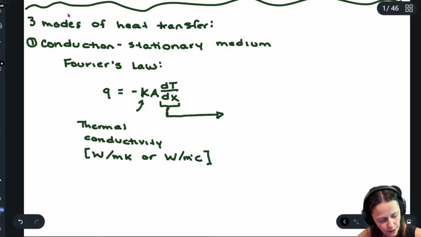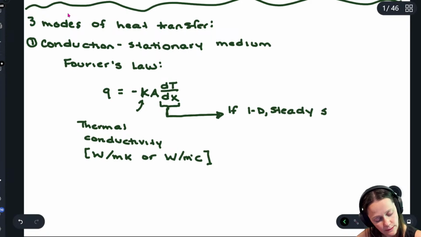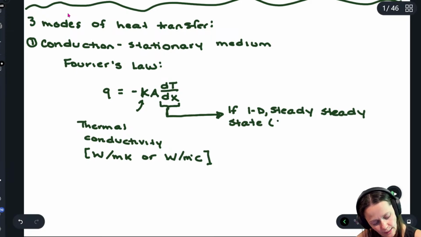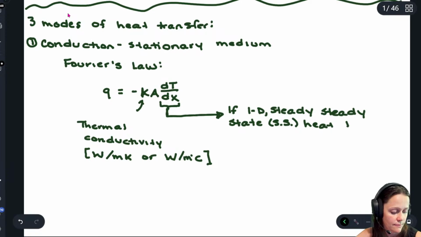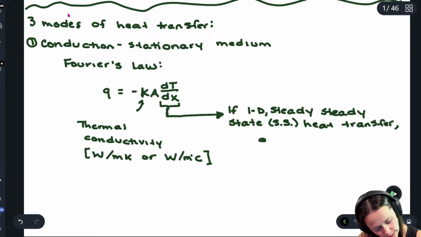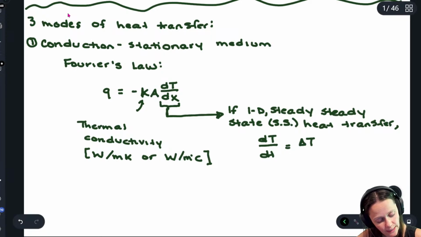If you look at your book in chapter 1, it says that if we have one-dimensional steady state heat transfer, and I'll just put SS for steady state, then dT/dx is just going to be delta T over delta x.